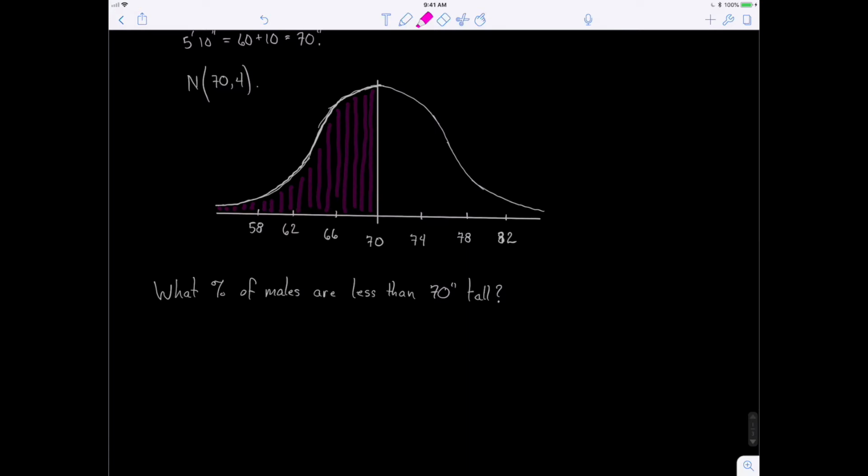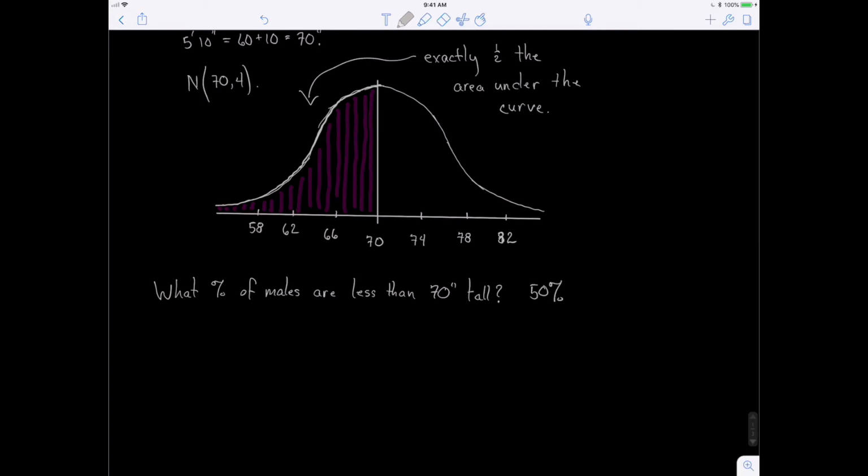Since the curve is symmetrical, everything below 70 is exactly half the area under the curve. That's our answer. We represent half as 50%.